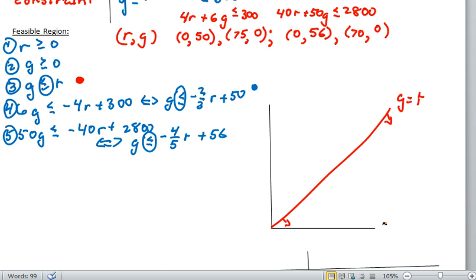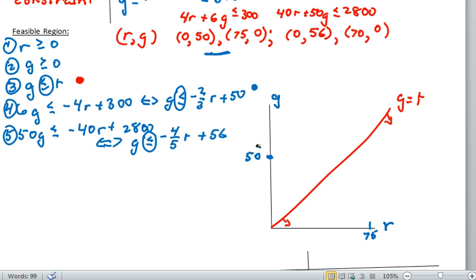First of all, we're going to use R as the horizontal and G as the vertical axis here. And so for constraint number 4, that's our blue constraint, we want to find 0, 50 and 75, 0.